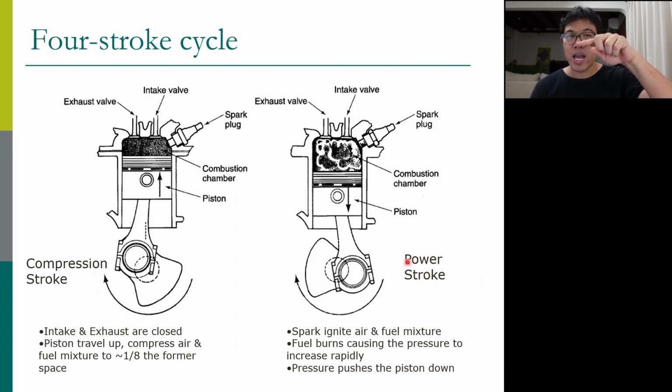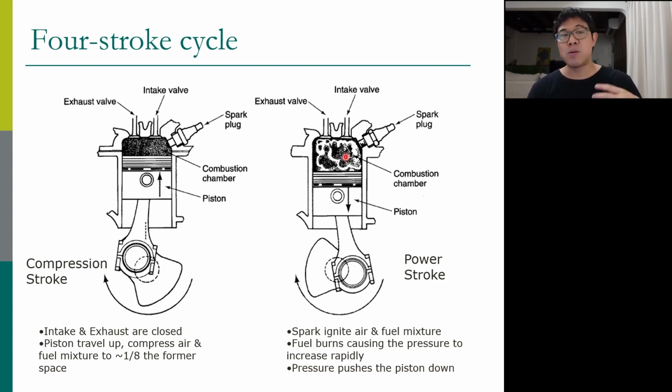So intake, compression, power, and then after we get power, the inside of the cylinder becomes burned gas. Burned gas is gas that has already burned, so we cannot burn it anymore and cannot use it. Mostly it's a combination of water, carbon dioxide, some nitrogen and some carbon monoxide.